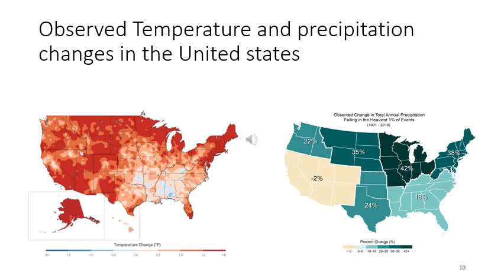Here in Michigan, our observed change in the total annual precipitation falling in the heaviest 1% of all rainfall events has increased already by 42%. So no wonder we're experiencing more flooding, we're experiencing more really unprecedented rain events. And you all have probably noticed it in the past few years. If it rains, it really rains.